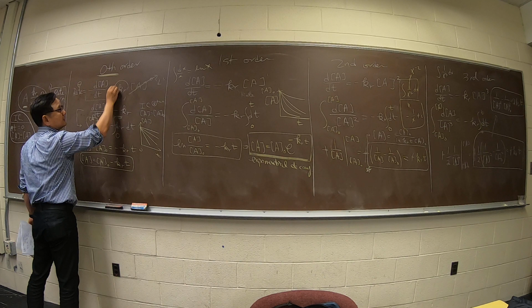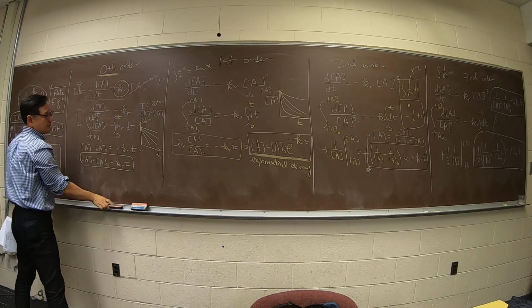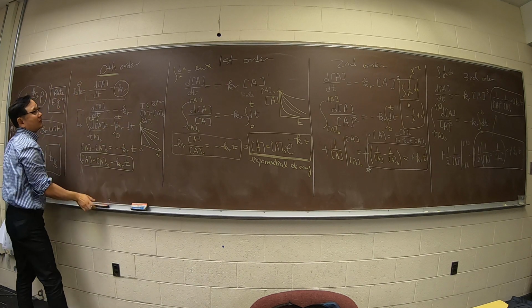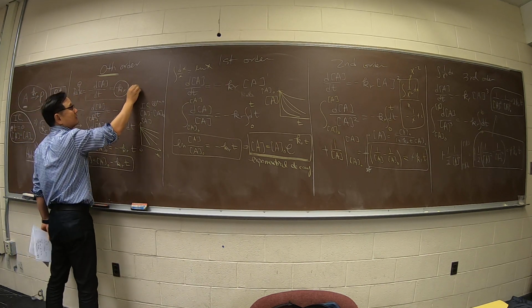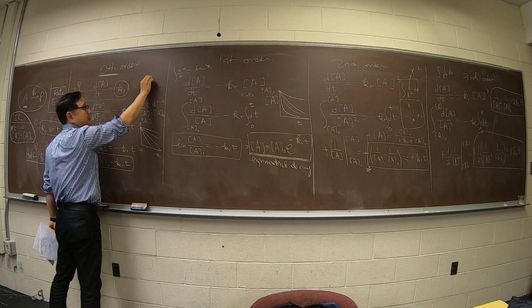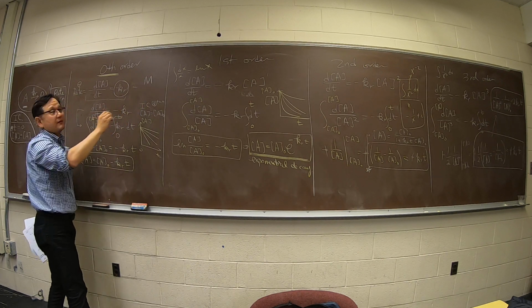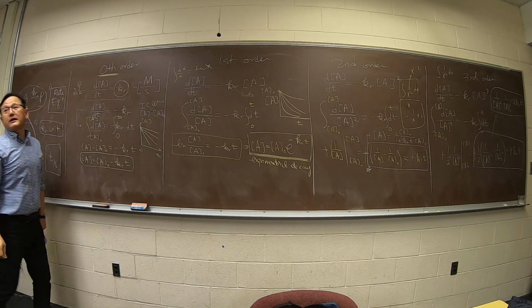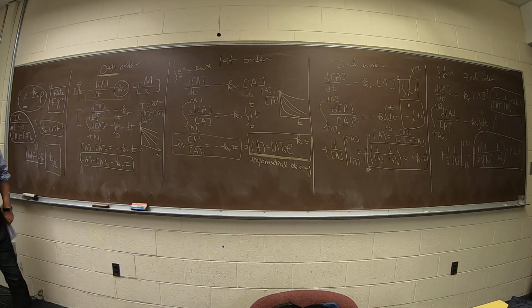This one, this kR, because it's a zeroth order law, doesn't depend on concentration here. So the unit of kR is nothing but, let's say big M, mole per liter, divided by second. Right? That's the unit. What about here?